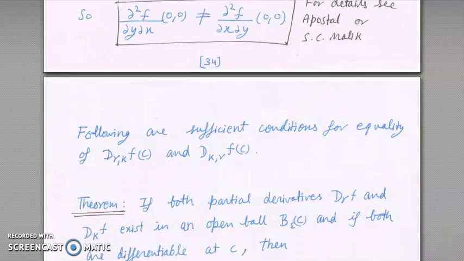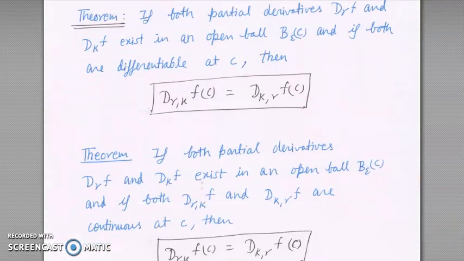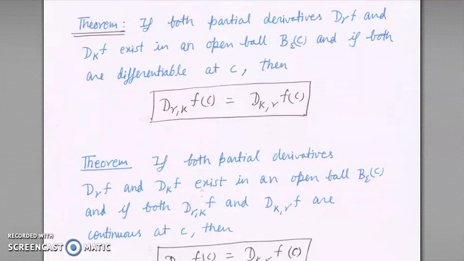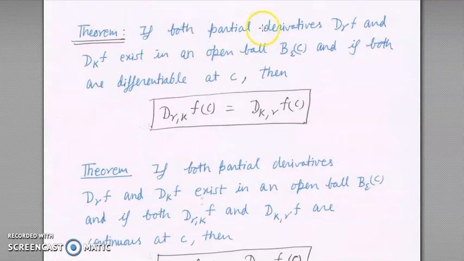There are two theorems taken from the book of Apostol which give a sufficient condition for the equality of these mixed partial derivatives. If both partial derivatives Dr f and Dk f exist in an open ball centered at c of some radius epsilon, and if both are differentiable at c, then Drk f(c) is equal to Dkr f(c).